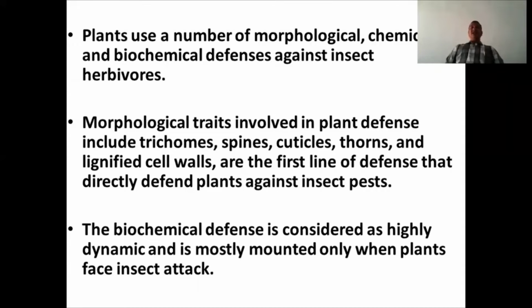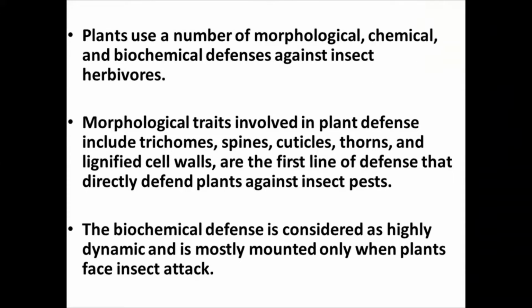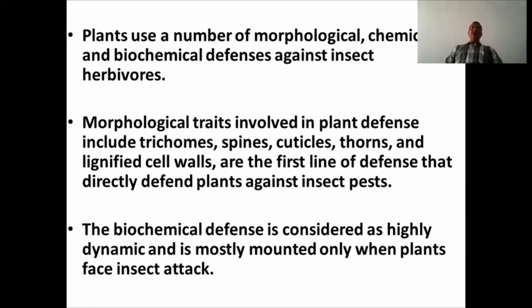And as I told you, there are a number of morphological mechanisms to defend against enemies, like trichomes, spines, cuticles, thorns, especially trichomes and spines. I can talk about spines. You can see that many plants have spines or thorns.